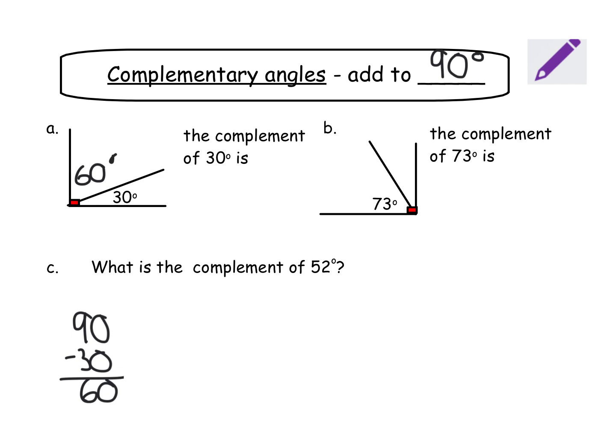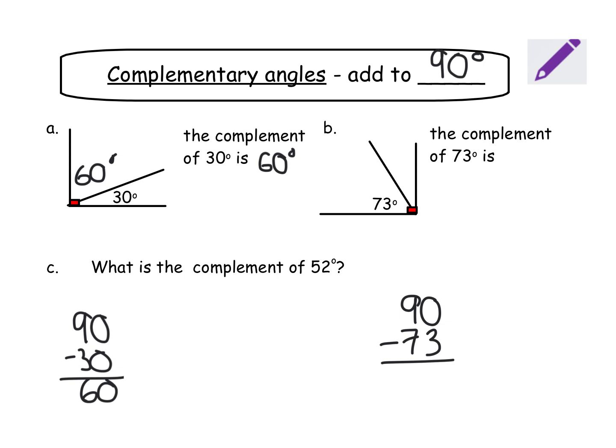Again, I could word this in a starter or in a test, saying instead of doing it from a diagram, just simply what is the complement of 30 degrees. So the complement of 30 is said to be 60. Similarly, here's another one. This time I've given you the 73 degrees in the right angle triangle. So our sum for this one is 90 take away 73. Now remember, two different ways of doing these. You don't always have to do sums, but for the sake of my videos, I'm reminding you that sums are okay to do.